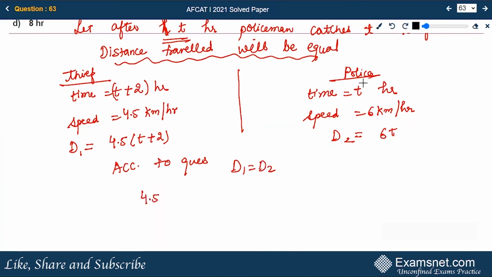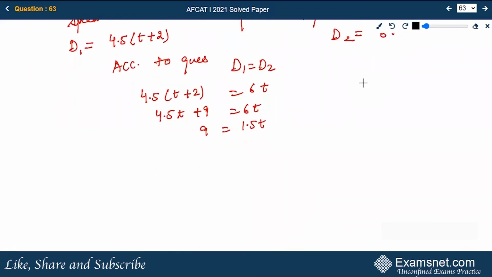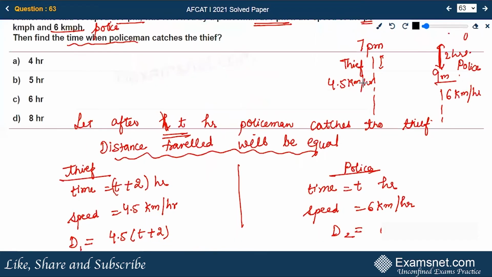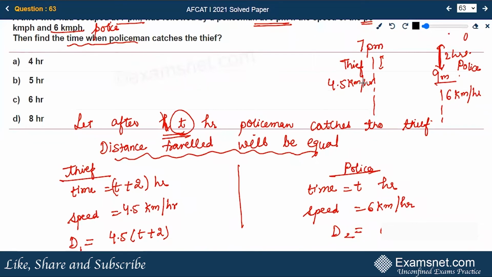That is, 4.5 into t plus 2 is equal to 6t, which makes it 4.5t plus 9 equal to 6t. 9 is equal to 6t minus 4.5t, which gives you 1.5t. So the time is 9 upon 1.5, which makes it 6 hours. So you got your answer. We assumed the time to be t hours after which the policeman catches the thief. So the policeman catches the thief after 6 hours. Option C is your correct answer.